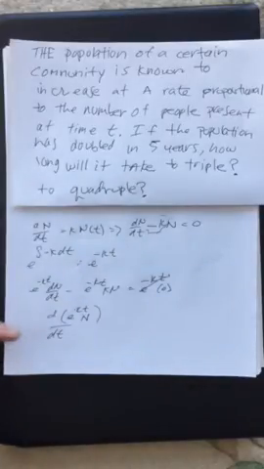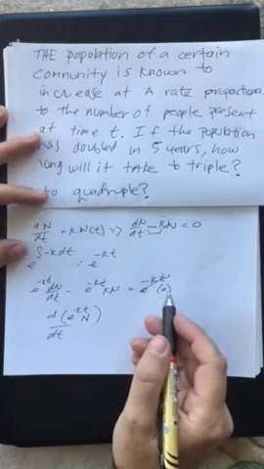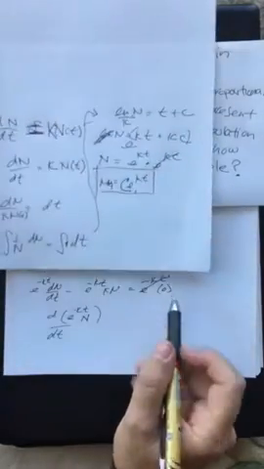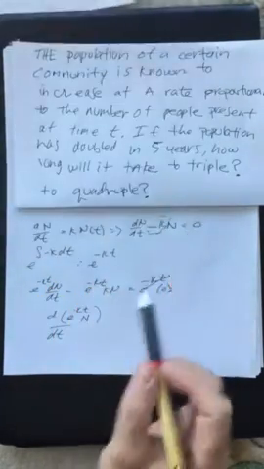I'm not going to do it though. So we should come up with the same answer we got right here, which is N as a function of t equals c e to the kt.